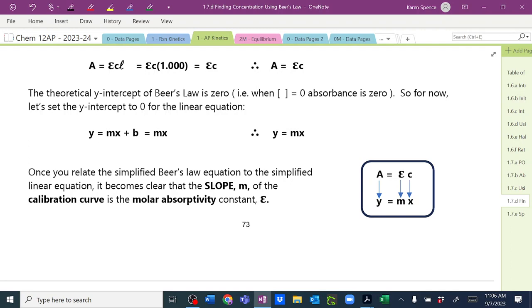Anyway, so we have A over C L. What's the unit of absorbance? Nothing. Okay, yes, absorbance. Concentration? Molarity, moles per liter. And what's the unit of path length? Centimeters. So let's make that a little tidier.